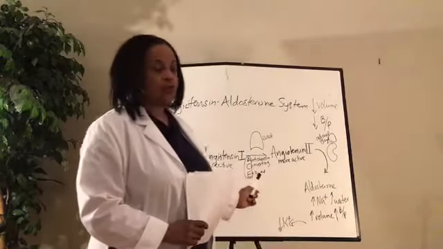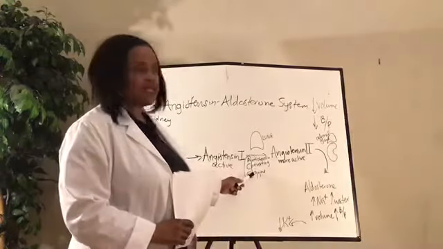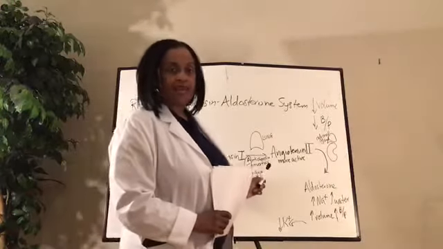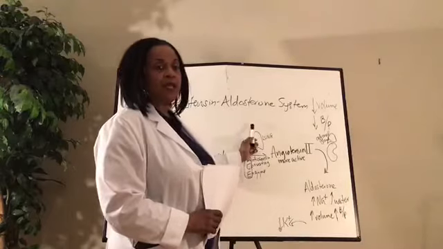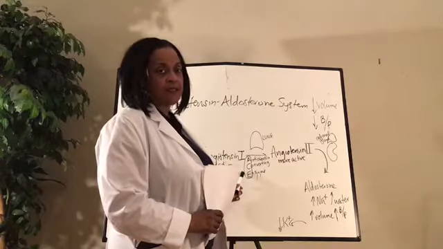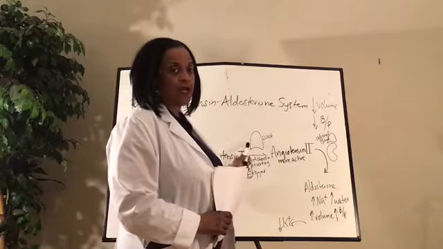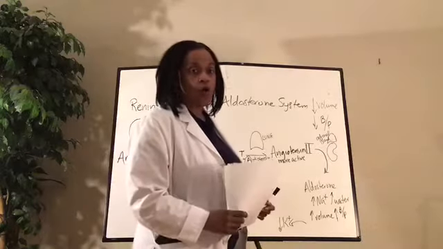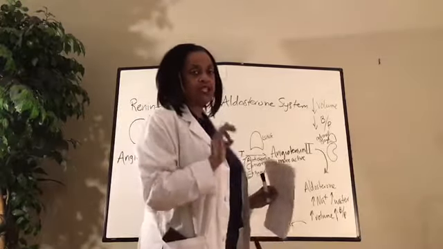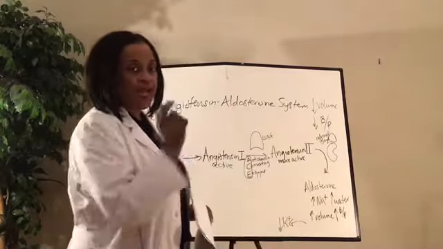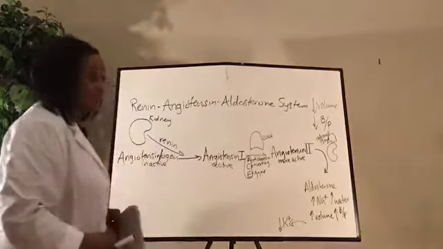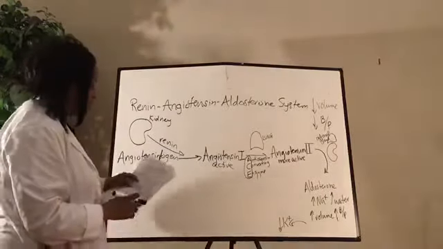So we can use this enzyme that's in the lung to create medications that will inhibit the release of this enzyme from the lung so that you can then get a lower blood pressure. If you have hypertension, we use an ACE inhibitor, and that will stop that process and you don't go on to get even higher blood pressure, right?